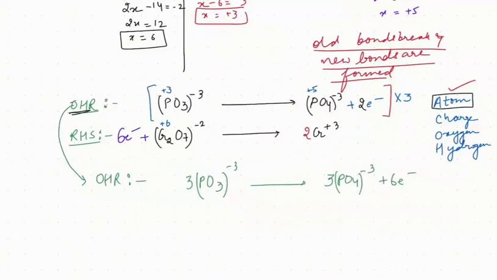And in the reduction half reaction, 6 electrons plus Cr2O7 minus 2 give me 2 Cr plus 3.